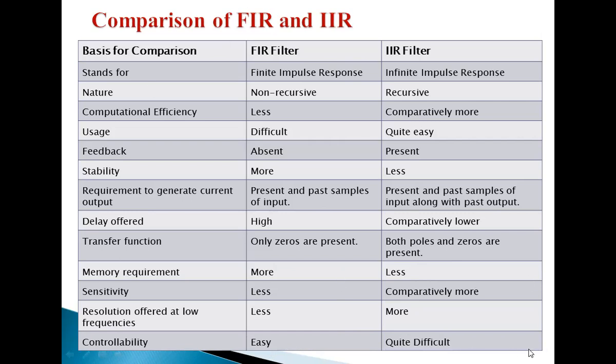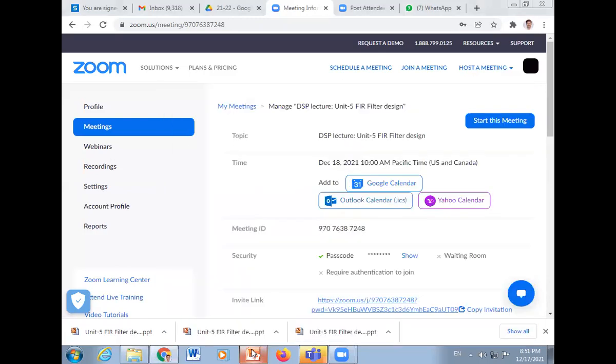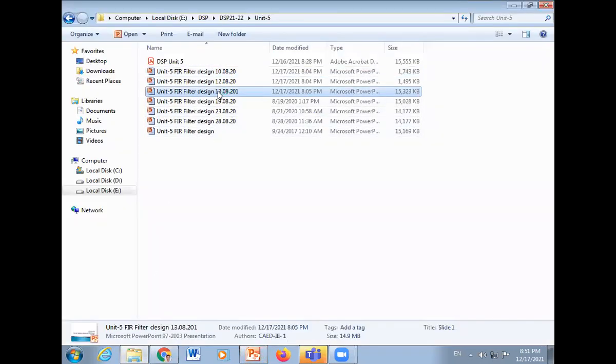So this is how we have understood the comparison, or the introduction part of FIR filter design, or simply digital filter design. Now let us move to the next part.